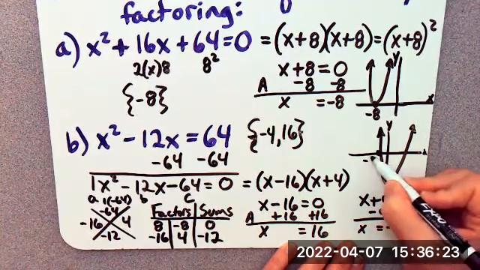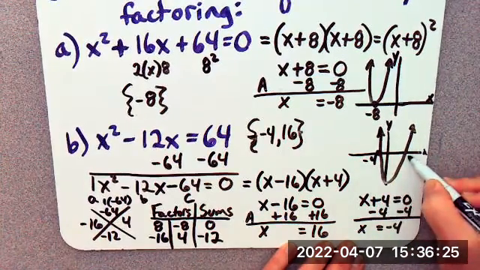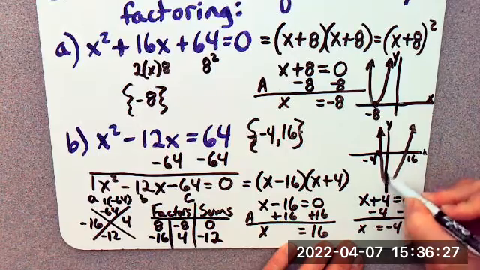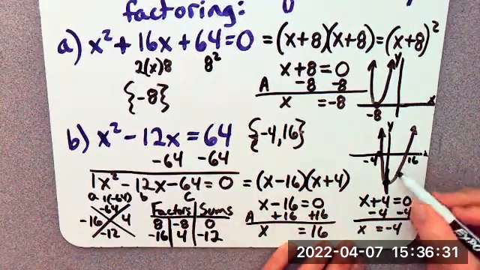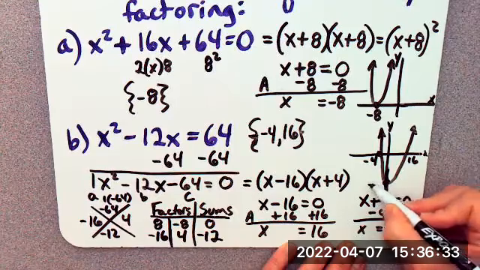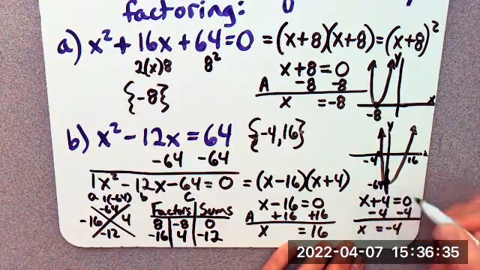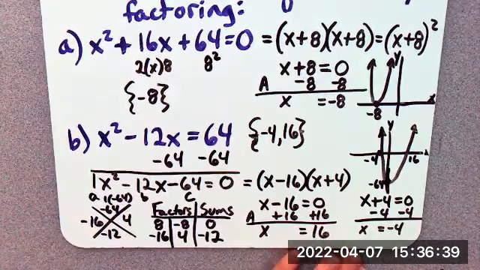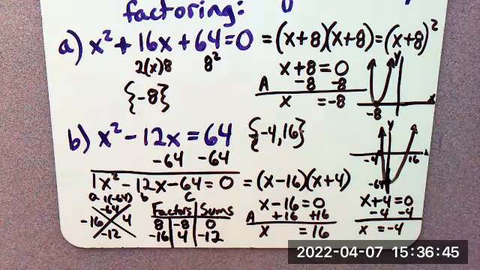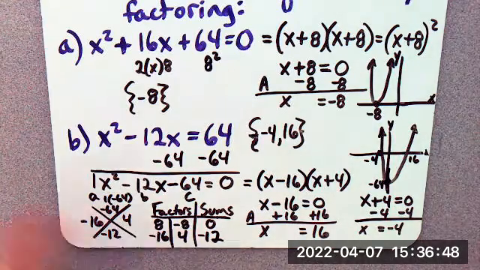Then this is -4 right here. This is 16. But remember that we have a y-intercept in the standard form of the quadratic. So that's -64 if we were to look at the graph. Okay, so that's what these solutions mean. So we hit the graph in two spots on the x-axis.